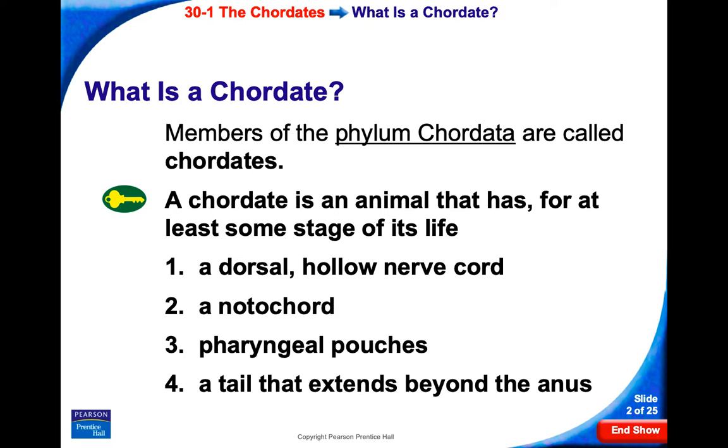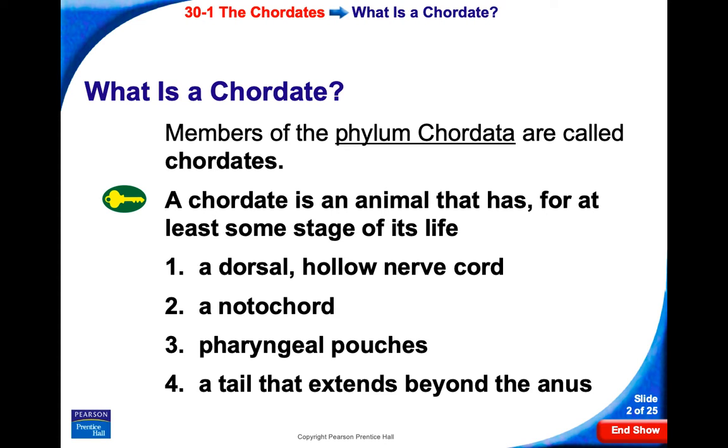Okay, so these are the four characteristics that all chordates have at some point during their life cycle. So let's talk about what each of these four characteristics mean.